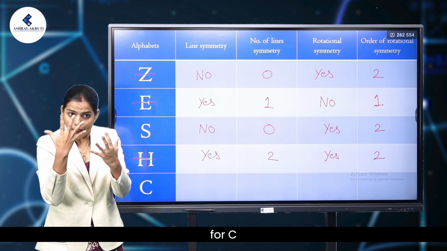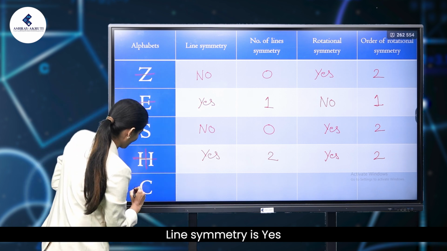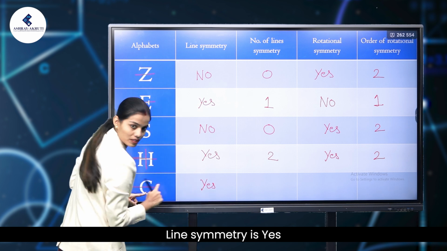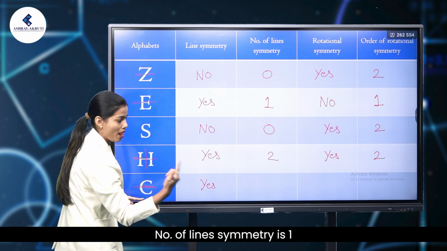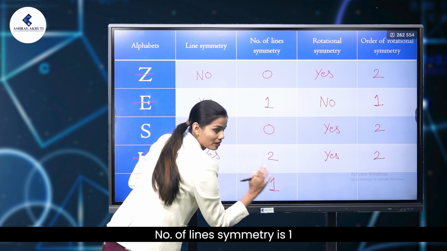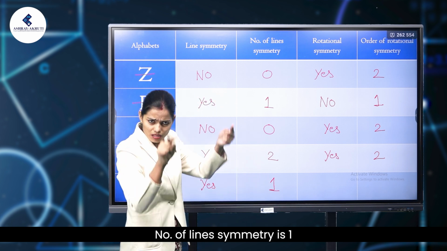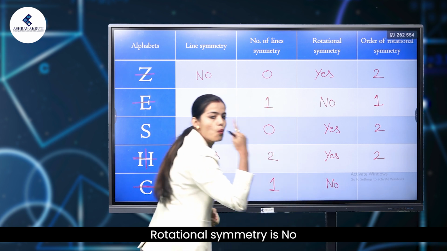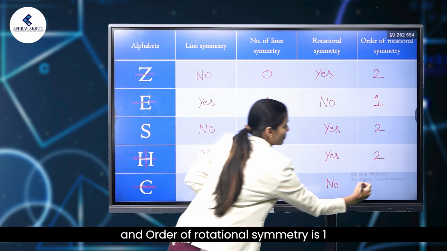For C, lines of symmetry is yes, number of lines of symmetry is 1, rotational symmetry is no, and order of rotational symmetry is 1.